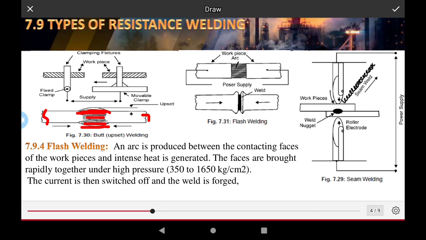This is the area of increase, or the welded area. This is the combination or mixture. This is the fixed clamp holding the workpiece, and the supply of the current is through the moving clamp. The workpiece is held in the joint.